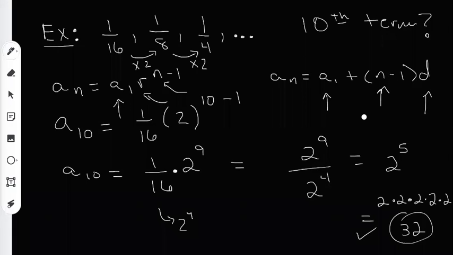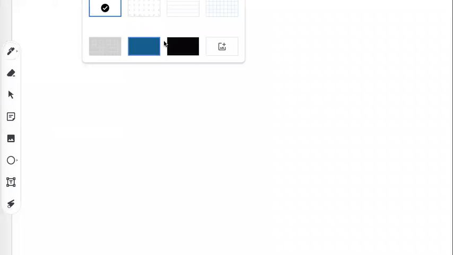So let's look at a couple problems from the problem set, because these are going to be the same types of problems that you're going to see on your classwork. All right.